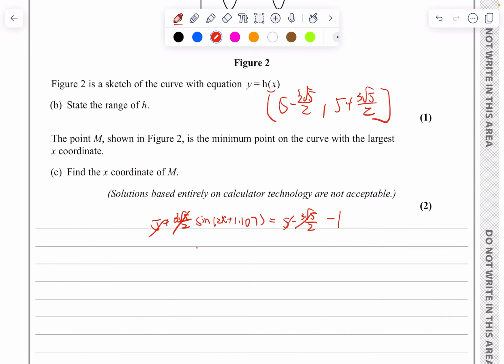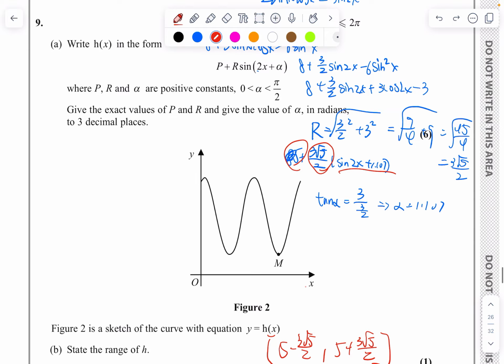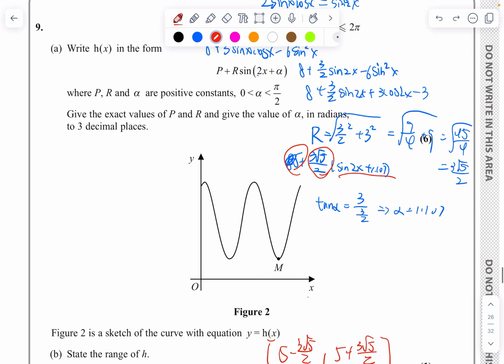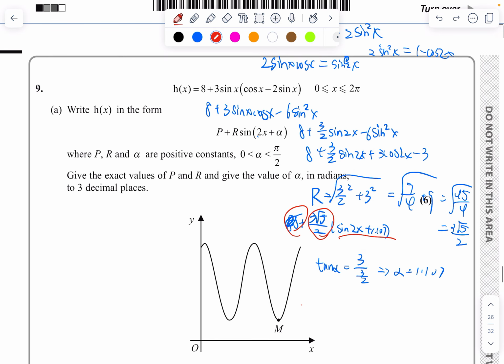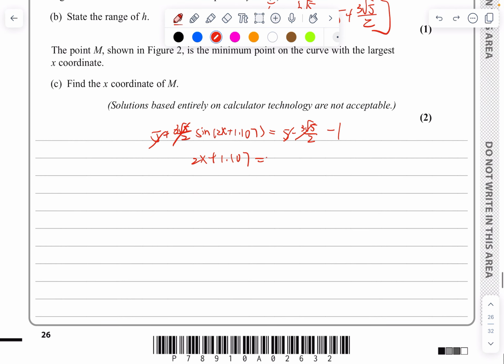So we are finding 2x plus 1.107 equals either 3 over 2 pi? Is it 3 over 2 pi? No. This is ours. This is 7 over 2 pi, right? Then after solving, you should get x equal 4.94 if we take 3 significant figures.